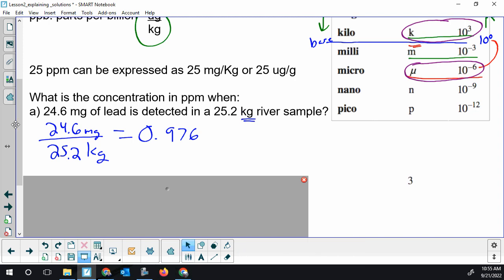And we're going to replace those units. These units represent a milligram in a kilogram, which is a part per million, and you just write ppm afterwards. So we're pretty close to 1 part in a million with that 25.6 milligrams and a little over 25 kilograms.